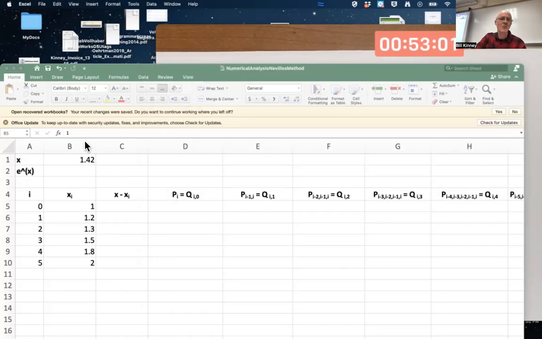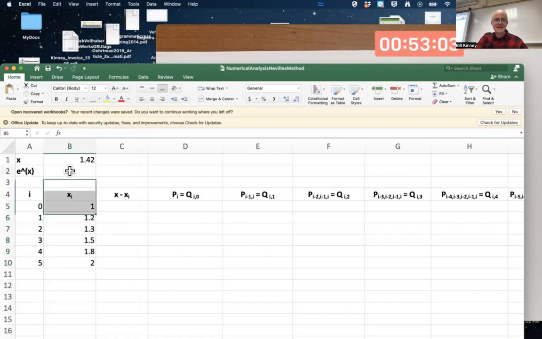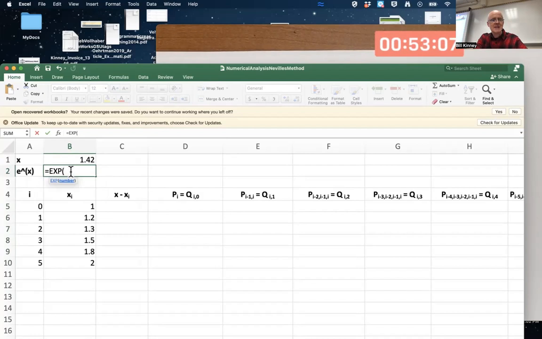So I'm trying to approximate e to the 1.42. What is it more precisely? To get the spreadsheet to do it, I need exp of v1. That represents e to the 1.42 power. The spreadsheet doesn't have a built-in number e. You have to use this function exp, which represents e to the x.